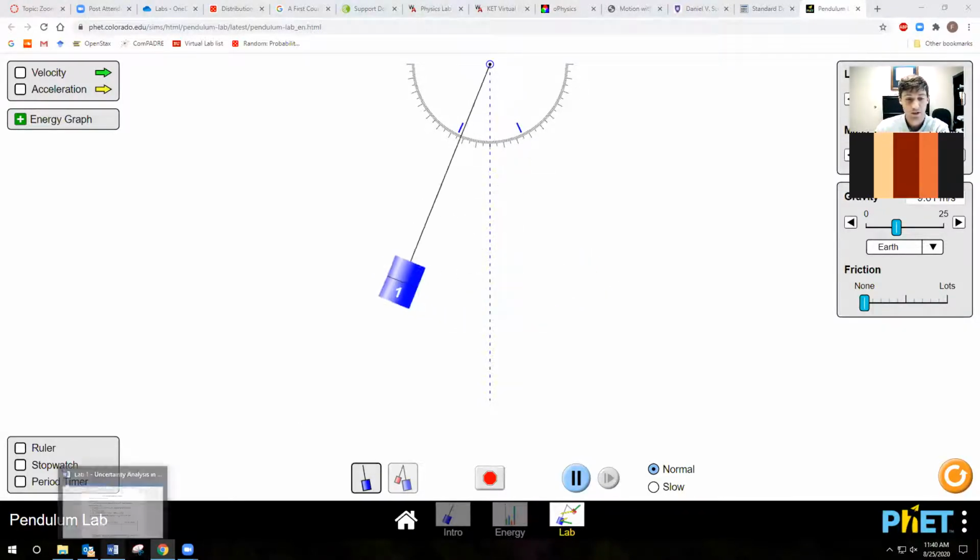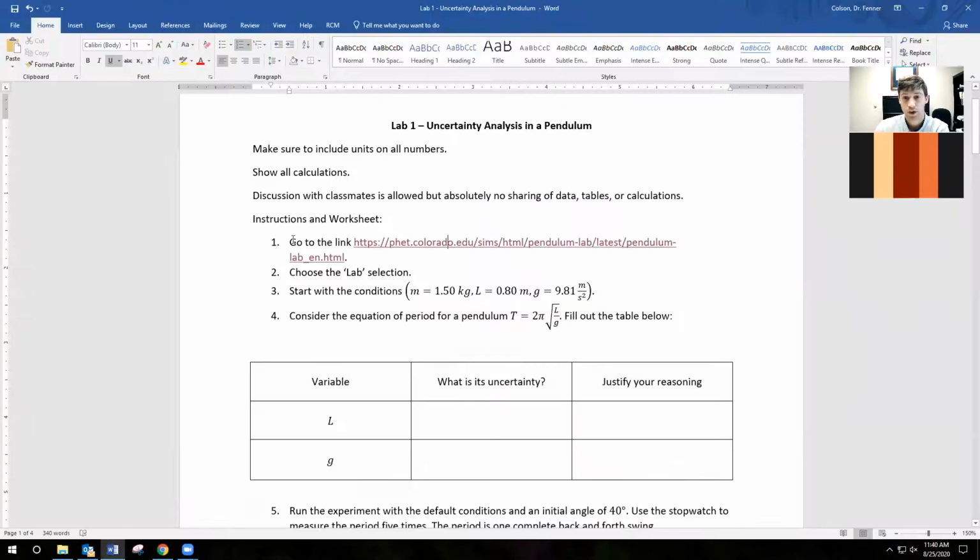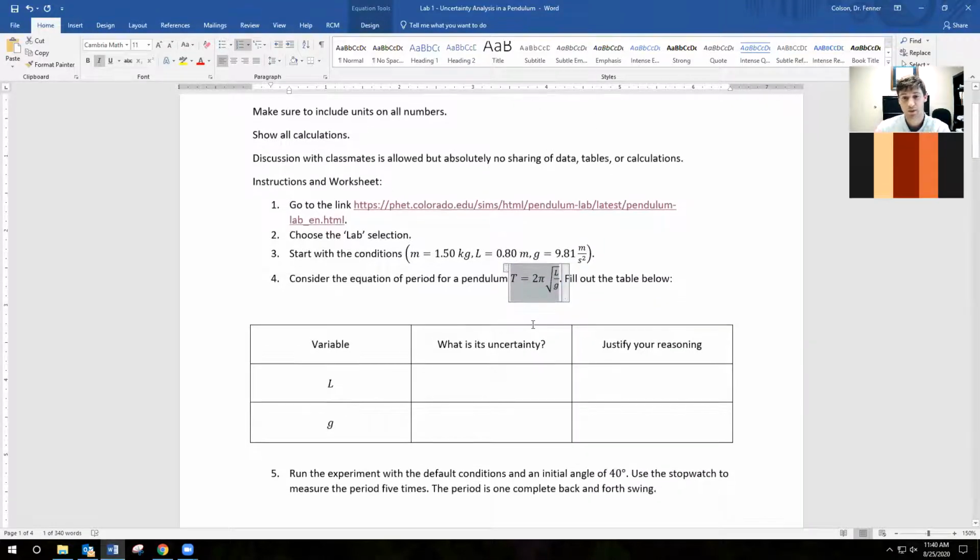And the equation that dictates how a pendulum will swing back and forth in the context of its period is this equation here. So its period is symbolized with capital T. The length of the pendulum is capital L, and gravitational acceleration is g. And of course, 2 pi is the familiar 2 pi that you know.